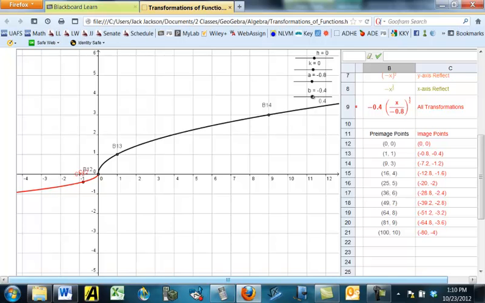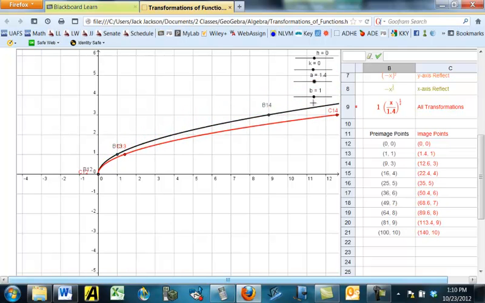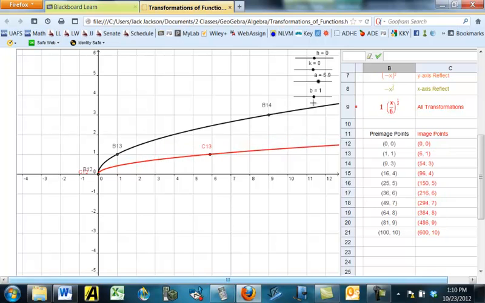Whoops, let's get this back. Let's reset. I want b to be 1. Okay, and right now we just want a positive, but as it gets smaller, things are compressed in closer to the y-axis, and as it gets larger, they get stretched out further away from the y-axis.